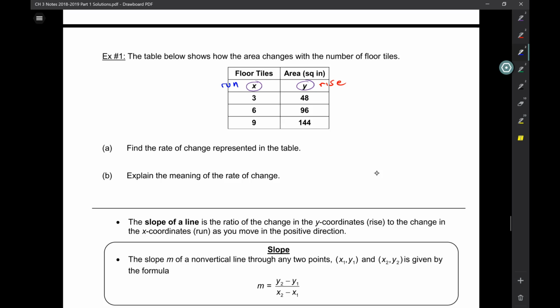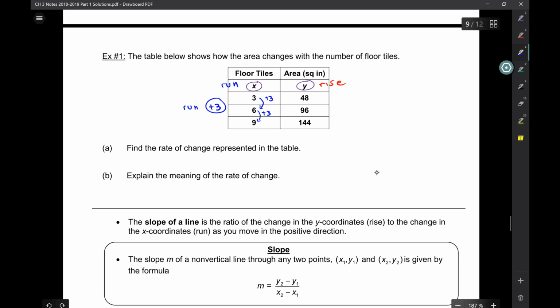Does it increase by 3 or decrease by 3? It increases by 3. So we say the run is positive 3. Okay? Because from here to here, it's plus 3. From here to here, it's plus 3. I say the run is plus 3.